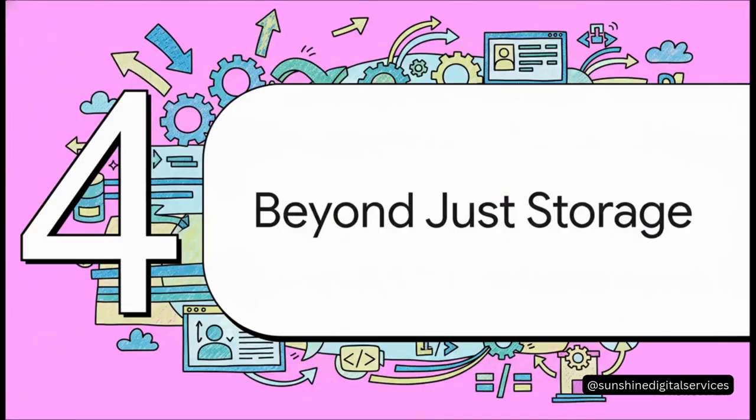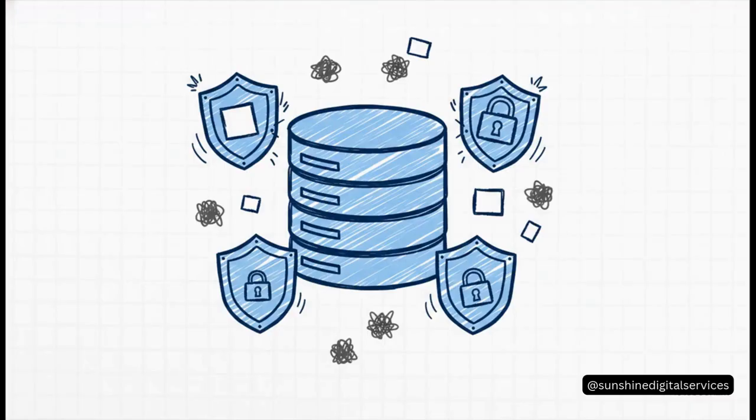But remember what we talked about at the beginning? Postgres is way more than just a place to store stuff. This is where it starts to get really, really interesting. It's time to look beyond just storage. You see, PostgreSQL has a kind of secret weapon for keeping that perfect organization we talked about. They're technically called constraints, but you can just think of them as smart rules that you apply to your data columns to make sure the information stays clean, consistent, and totally reliable.